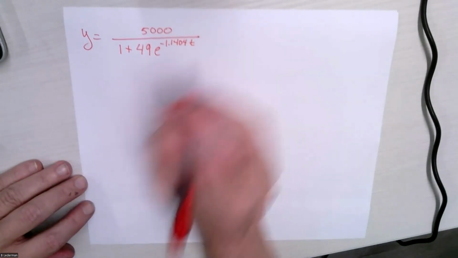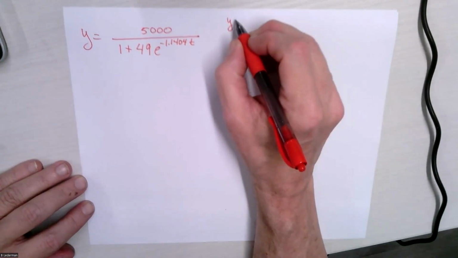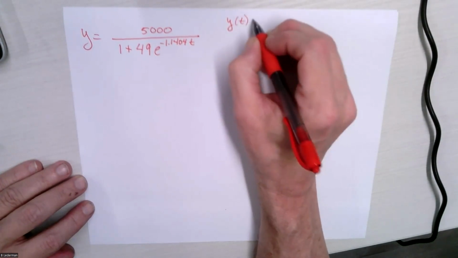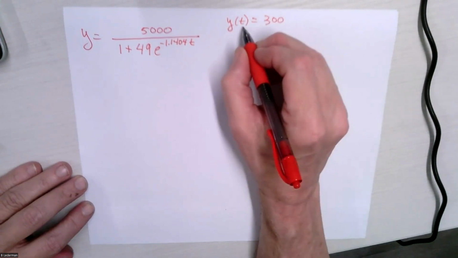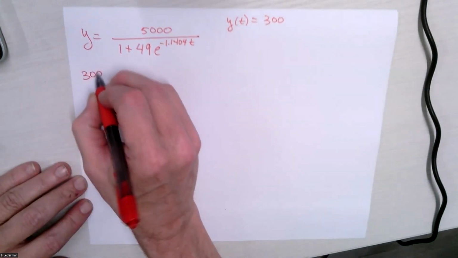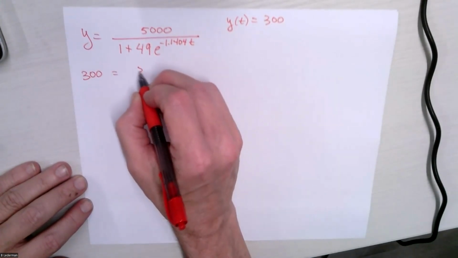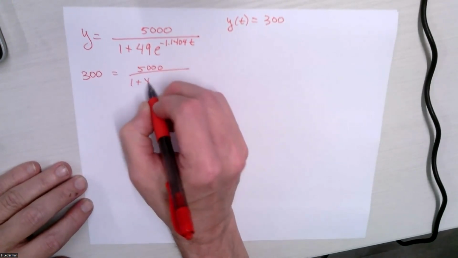Now, they're giving us that y of t equals 300, so we want to find the value of t that makes this true. So I'm going to put a 300 over here. That's the y value. Equals 5,000 over this whole ugly fraction.